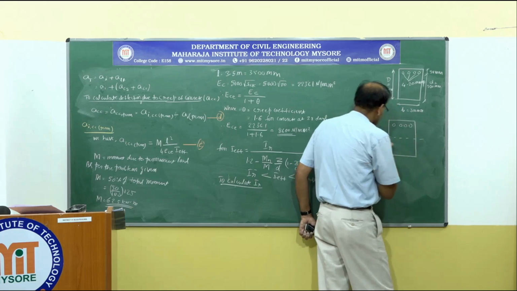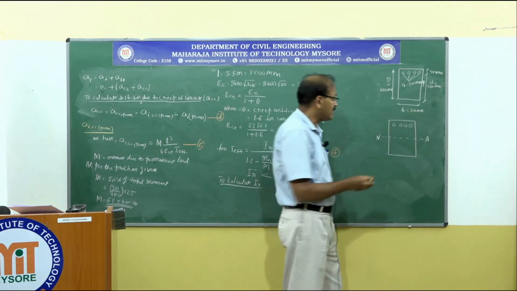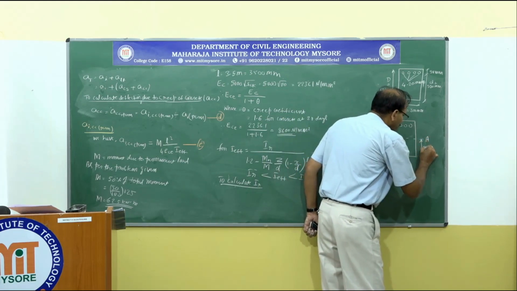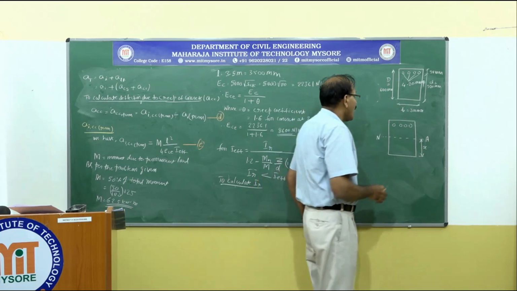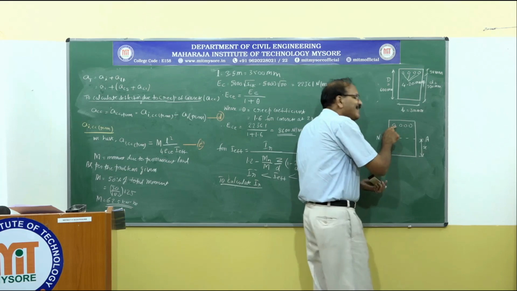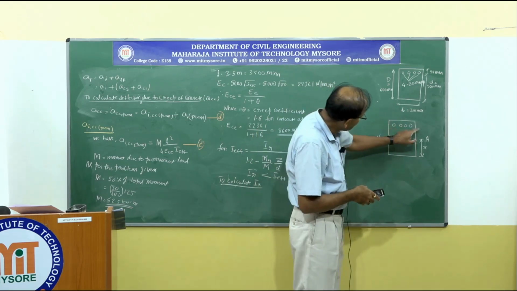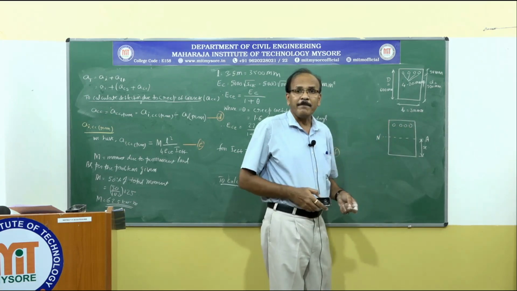If I call this as the neutral axis, let the neutral axis depth be x from the bottom compression edge. I need to convert the steel into equivalent concrete area by multiplying this steel area by the modular ratio m.